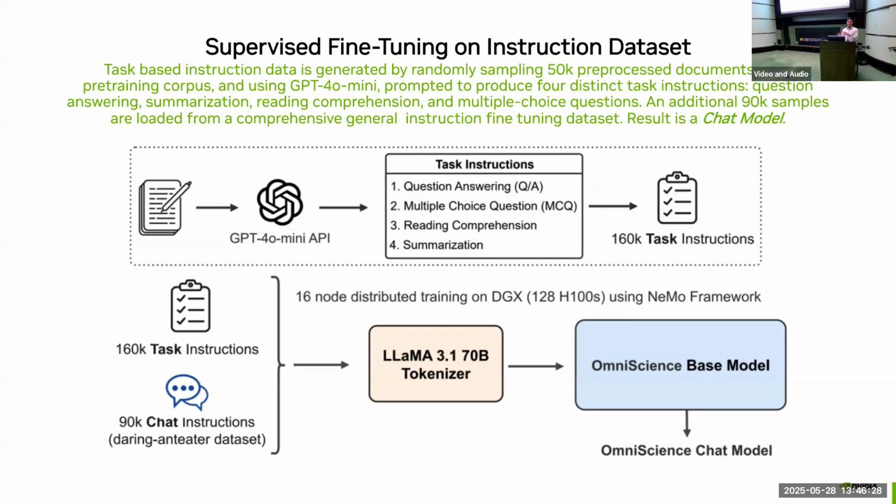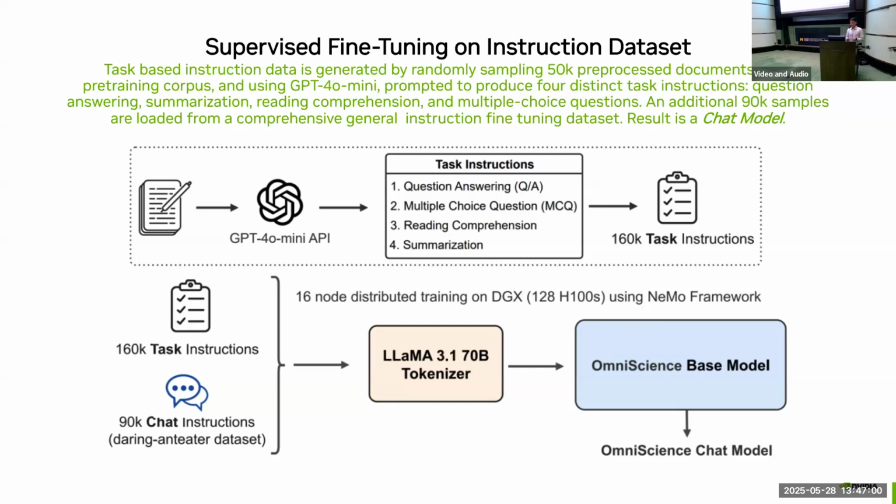Things like question answering, multiple choice questions, reading comprehension, and summarization. Taking those 50,000 documents with 4 task instructions, we get 200,000 examples, and we save out 40,000 of those to use for the evaluation and add 160,000 of those to this data set that we'll use for the supervised fine-tuning.